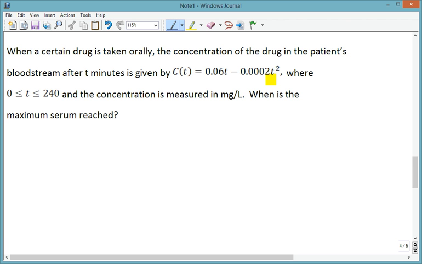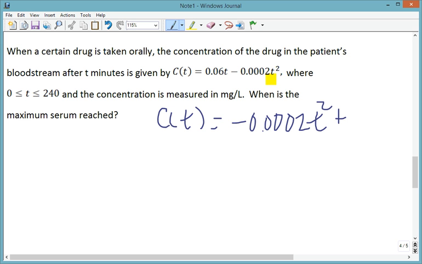So if we were to write this in our standard order, we would see that we have a negative t squared, right? So that would mean that it's an upside down parabola, right?